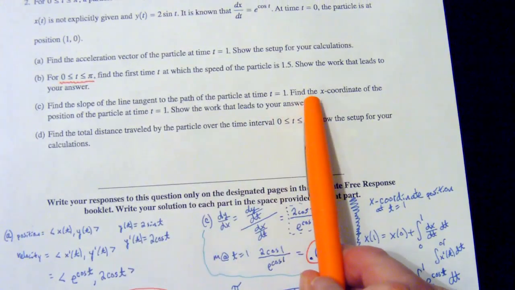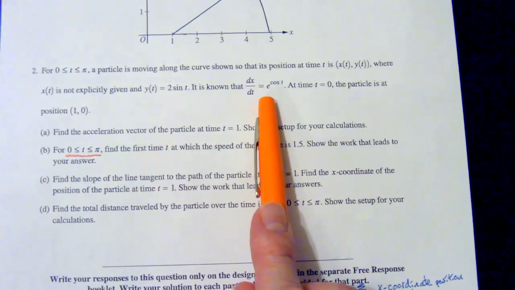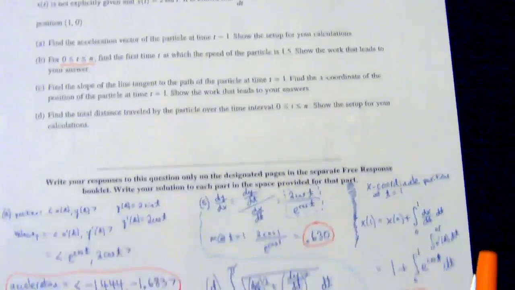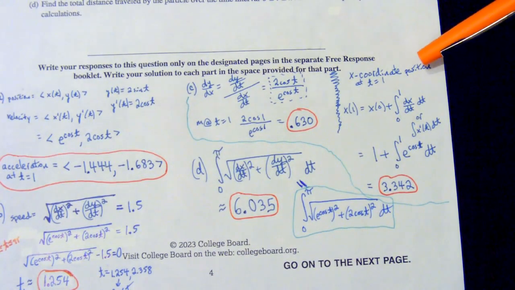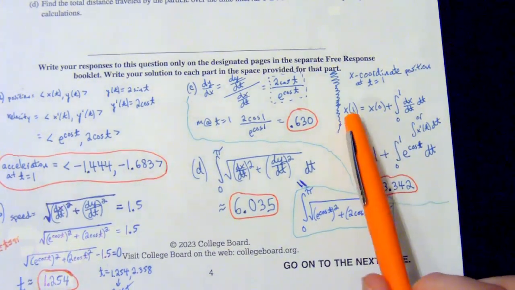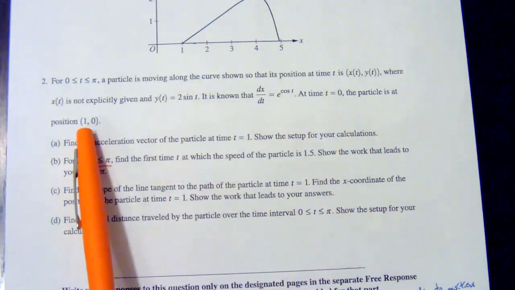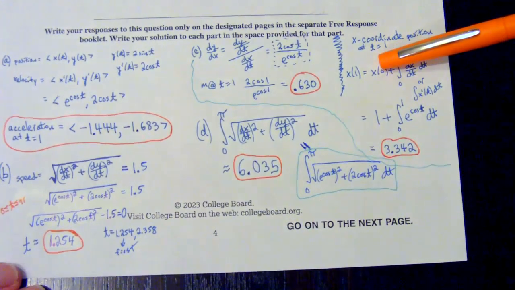It also asks us to find the x coordinate of the position of the particle. If they give you the dx/dt, that's like the velocity, and now they need you to integrate that to find the position. But anytime you find a position, you always have to take into account the initial position. If I want to find the x coordinate position at t equals 1, that means I want to find x of 1. Since they gave us t equals 0, that's the initial starting value, x of 0.